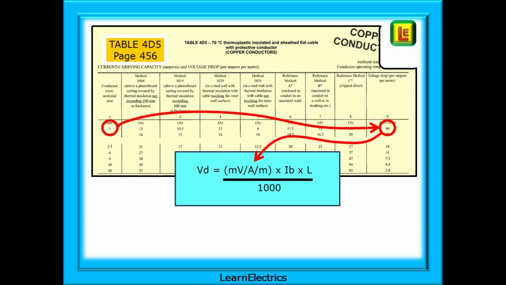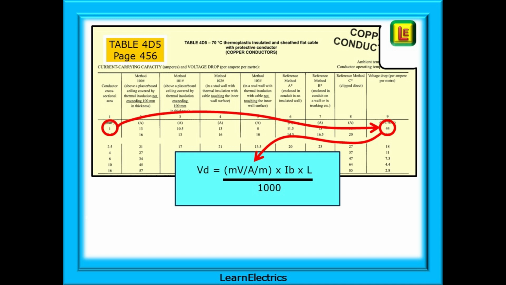In the leftmost column, we have the sizes or cross-sectional areas of the phase and neutral wires. We're not interested in the earth or CPC for voltage drop calculations. Starting with 1mm cable on the left, if we scan across to the rightmost column, we have the number 44.